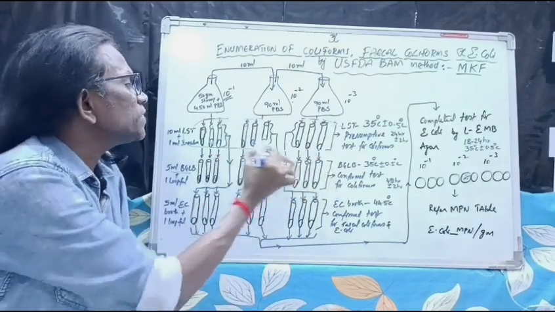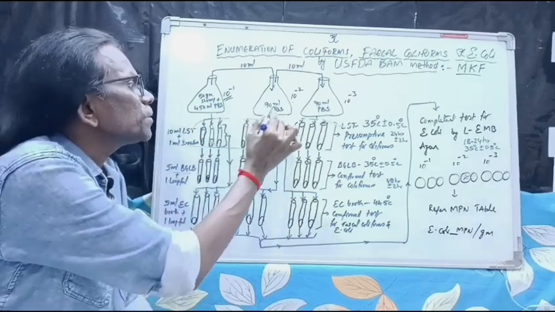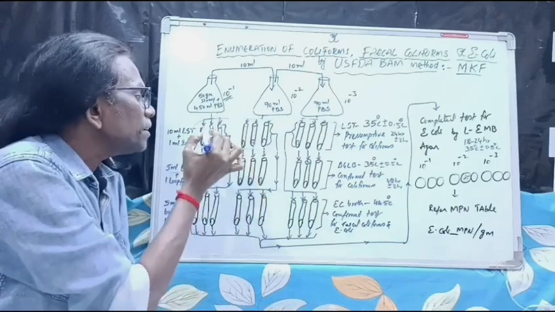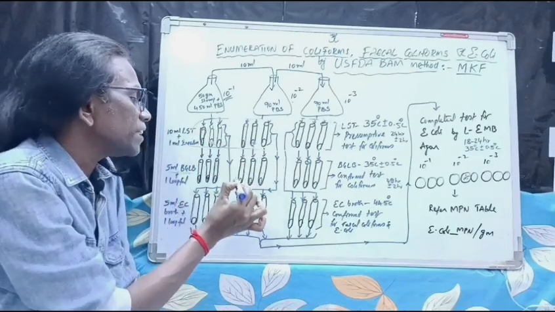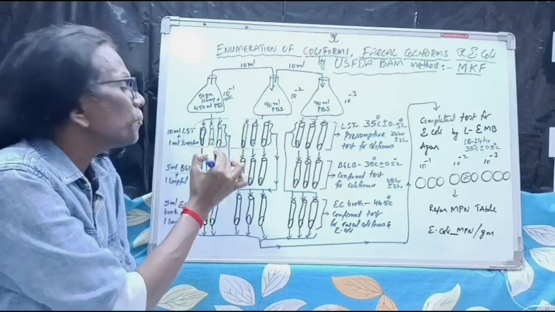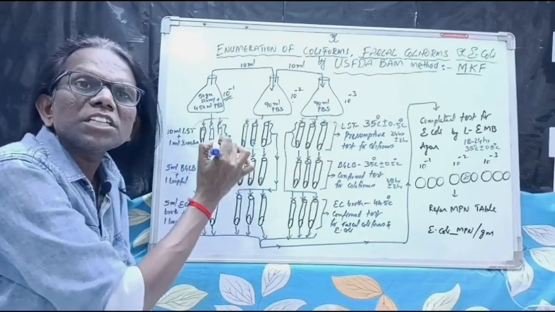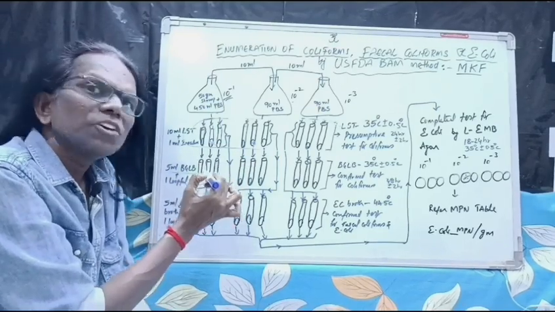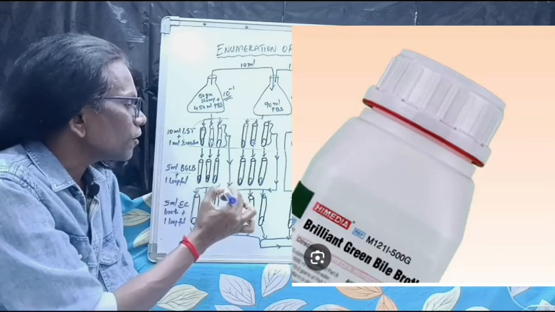From each gas positive LST tube, transfer a loopful of suspension into BGLB tubes containing 5 ml of brilliant green lactose bile broth.